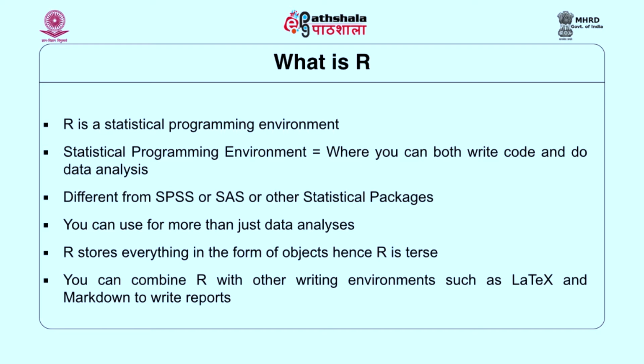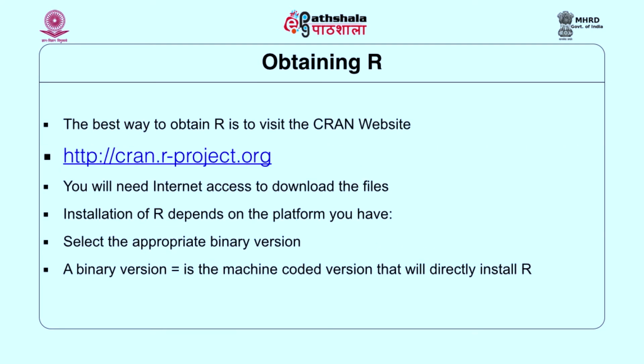So, to get started, first things first, we need to obtain R from a source. The best way to obtain R is to visit the CRAN website. CRAN stands for Comprehensive R Archive Network, which means this is a website, and I say it's a website because it is a site that consists of a number of different pages, as we will see soon.